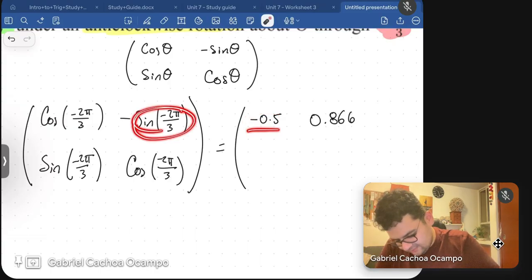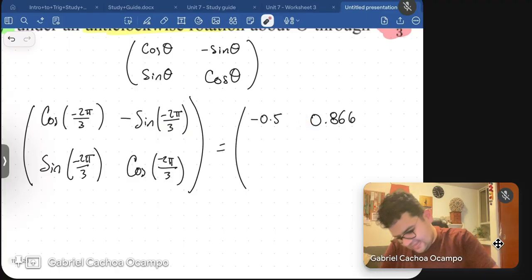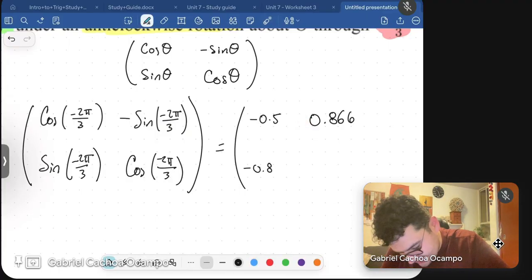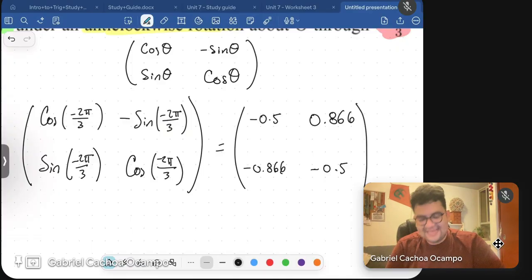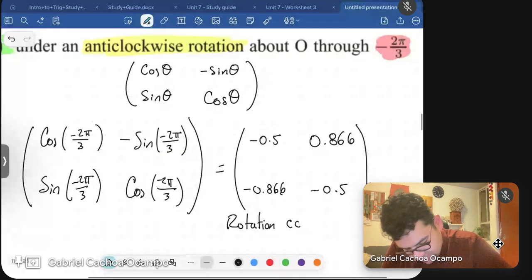And this one is minus 0.866, and because it has a minus in front, it's going to become positive. Then negative 0.866, and here negative 0.5. So this is my matrix. This is a rotation anti-clockwise with an angle of negative 2 pi over 3.